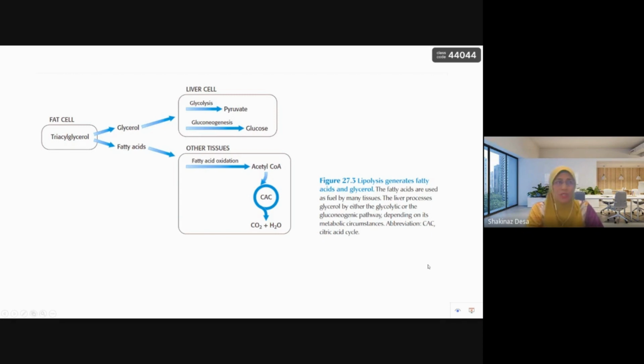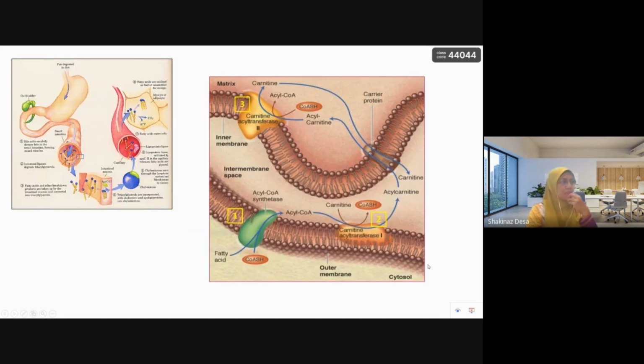Maybe you have watched the video. That video mainly concentrate on fatty acid oxidation. Kalau you recall balik gambar rajah ni, some of you have already submitted worksheet tu. Ada yang tak hantar lagi pun ada. So this is the process. Kalau kita tengok sebelah kanan tu, sebelah kiri tu, itu ialah laluan dia.